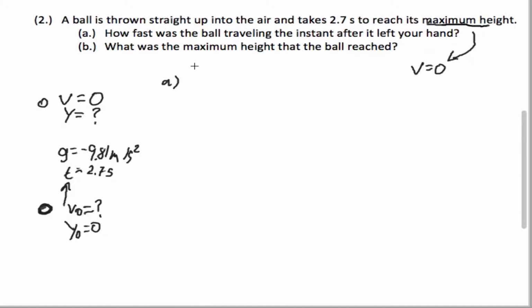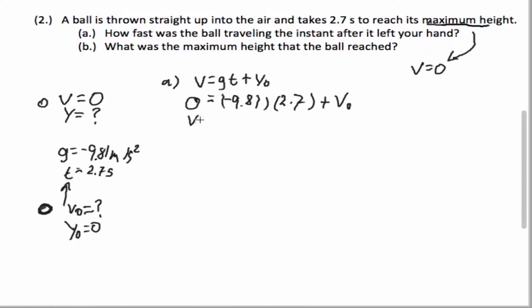We want to know how fast the ball was traveling the instant it left our hands. So we'll use v equals gt plus v0. Why? Because it's easy. So we're going to say 0 equals negative 9.81 times 2.7 plus my unknown v0.